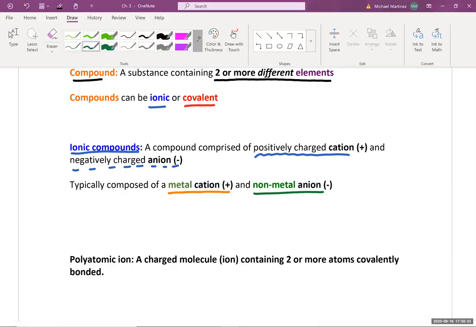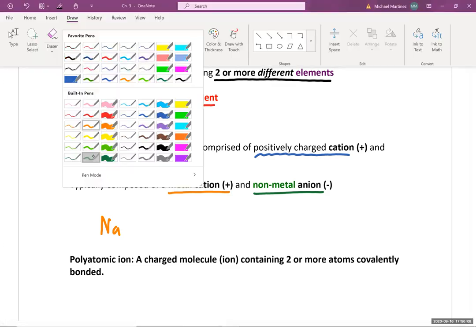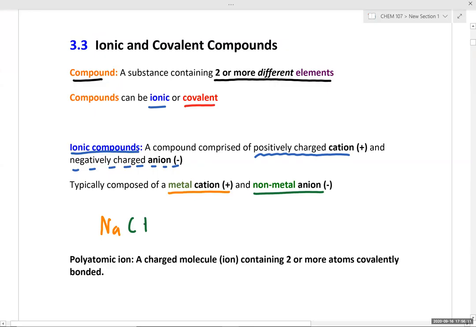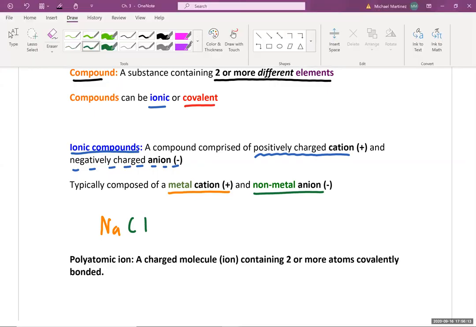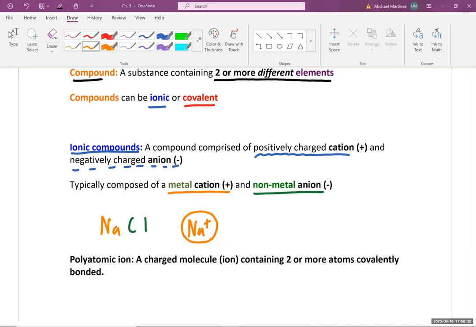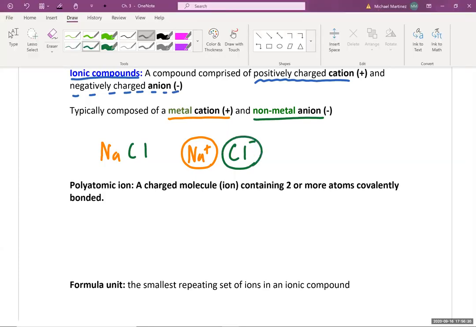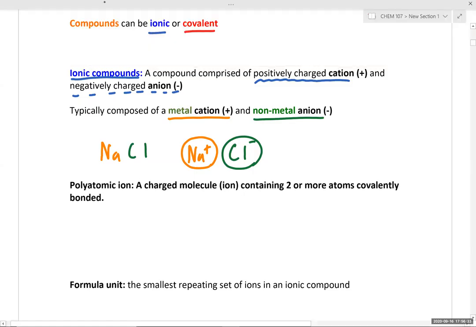An example of this would be sodium chloride, NaCl, where we have our sodium cation, which is Na+, associated with our chloride anion, which is Cl minus. So we typically have a metal and a non-metal in an ionic compound. It doesn't have to be a 1-to-1 ratio.